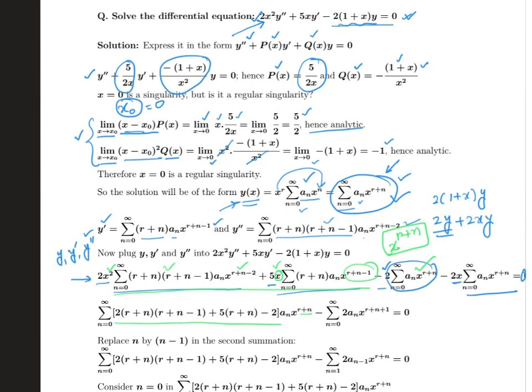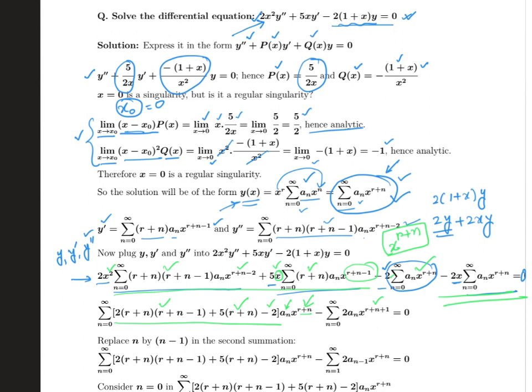Look, this one is this term, this one is the middle term, and negative 2 is this negative 2 times a sub n x to the power r plus n, then minus this term. One piece of information that you want to pay very close attention to is the power of x here. It's not r plus n, but rather it is r plus n plus 1. It's different than this one, okay?